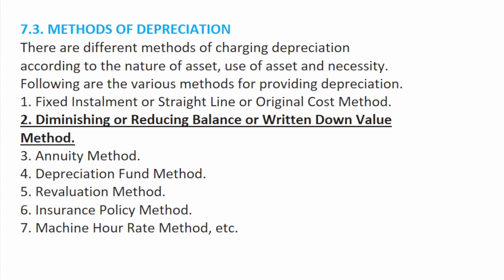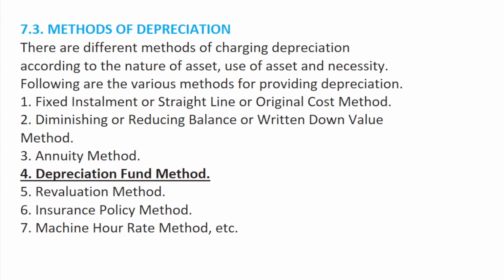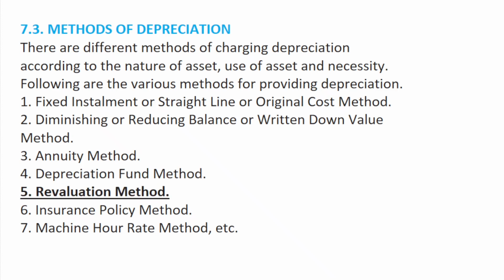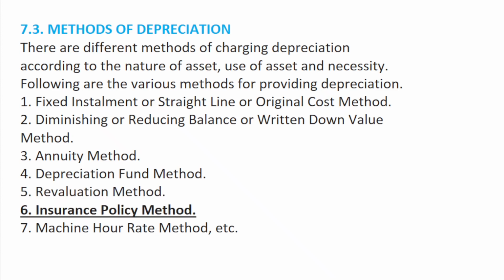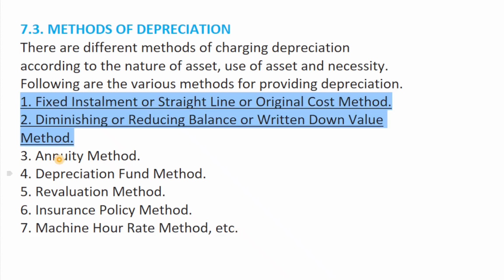Second is diminishing balance method, also called reducing balance method or written down value method. Then annuity method, depreciation fund method, revaluation method, insurance policy method, and machine hour rate method. There are other methods also, but in 11 standard, we are going to see fixed installment method and written down value method in detail.